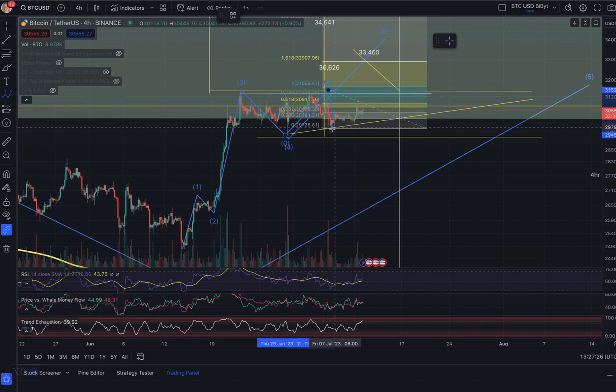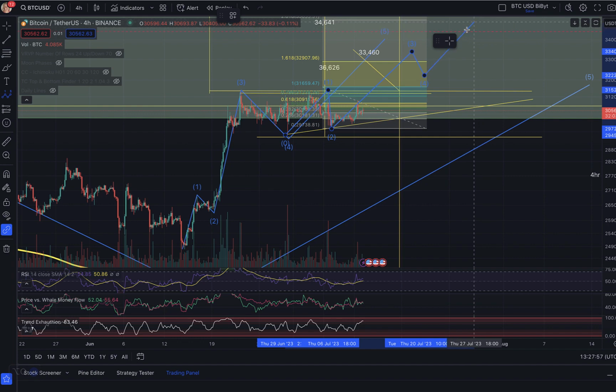Minimum requirement for a wave 3 is to touch the golden ratio at 1.618, which is sitting at 32,884. Could go up to 33,460, which would also be the ascending triangle target. Come back down and then just finish up here at wave 5, maybe going anywhere up there.